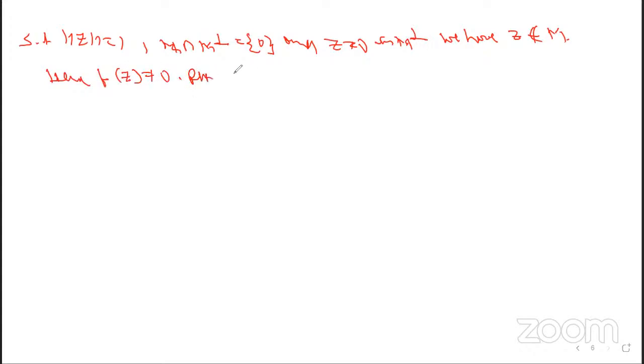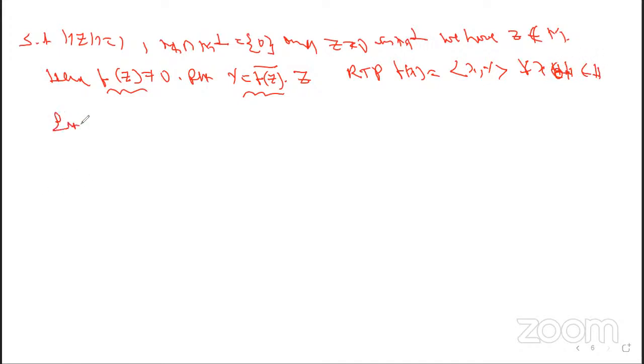Put y equal to the conjugate of f of z times z. Here f of z bar is the complex conjugate of f of z. We shall show, required to prove, that f of x equals the inner product of x comma y for all x belonging to capital H.